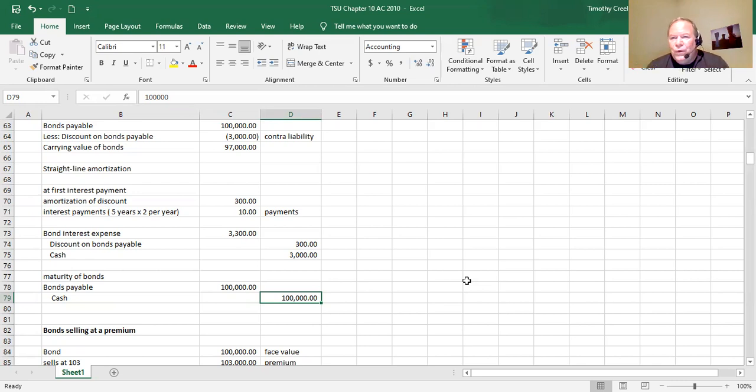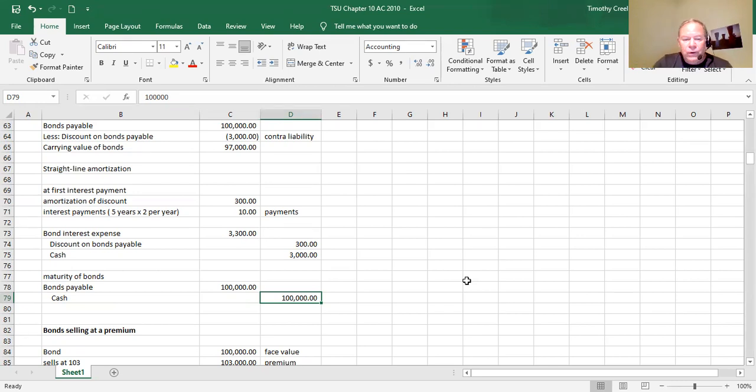Whatever happens, whether we issue them at par, a discount, or a premium, this entry will be the same every time: debit bonds payable, credit cash, and we send that money back to the bondholders.